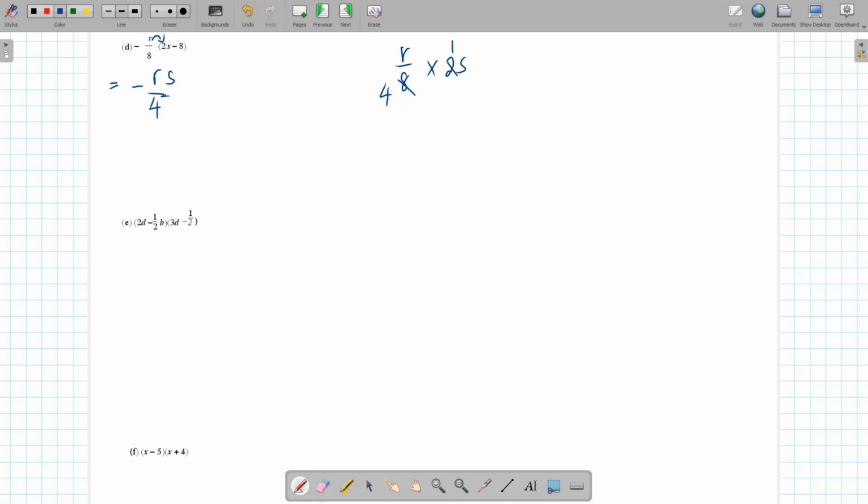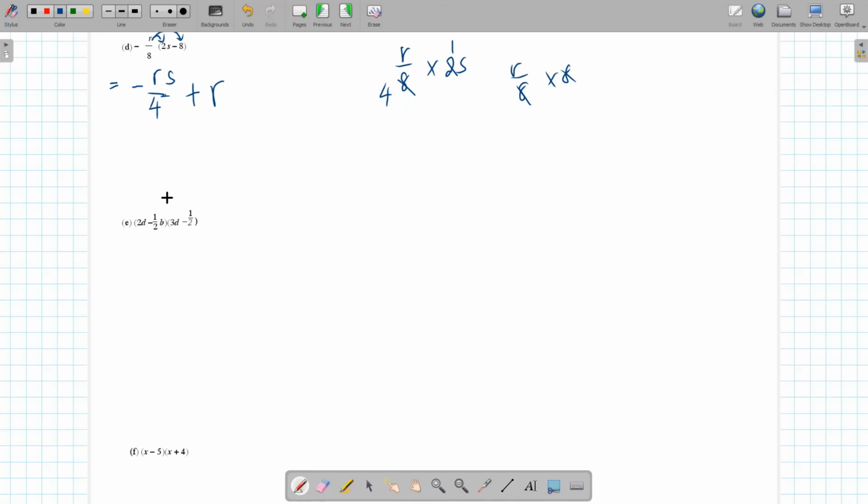Then we move to the next term. Negative times negative, we get positive. So r over n times n, we simplify it, so we're just left with r. That is how we do the expansions when we have fractions.